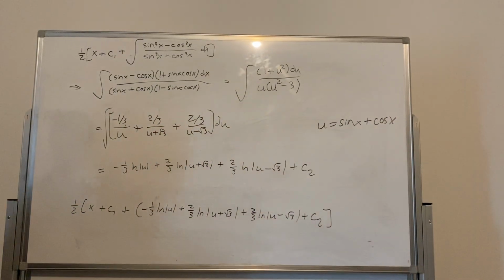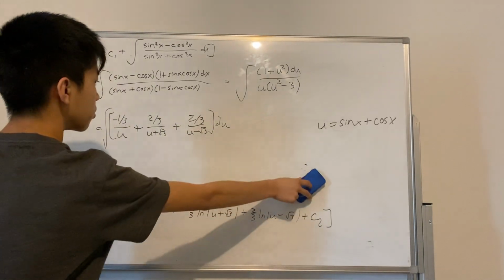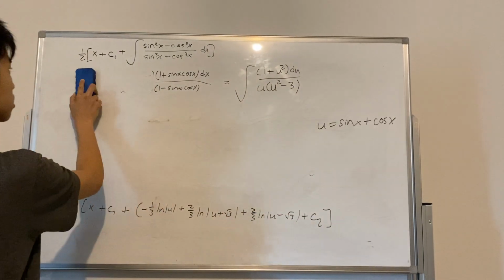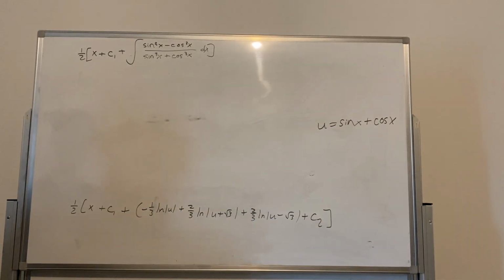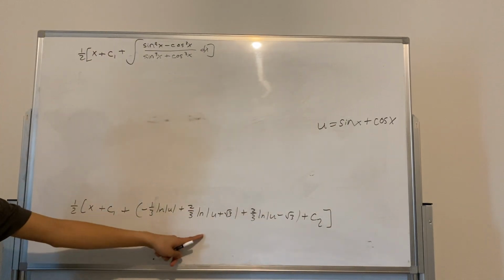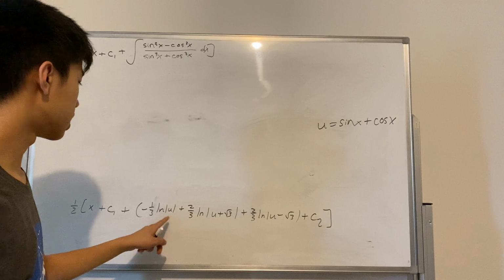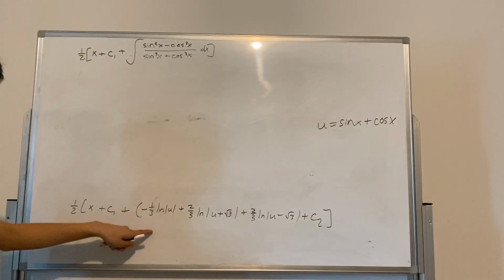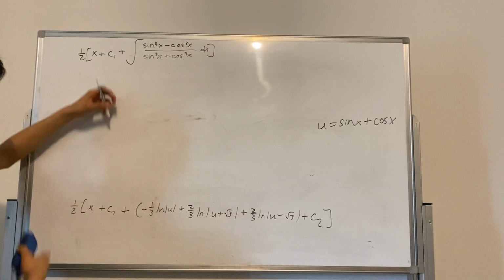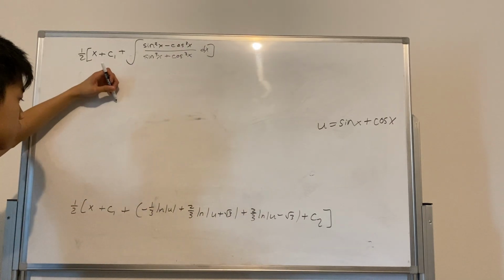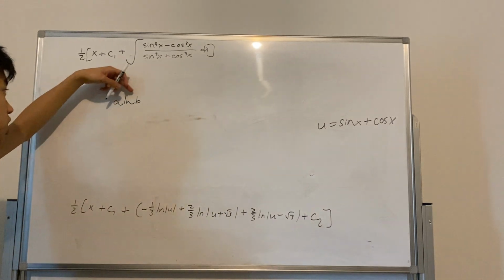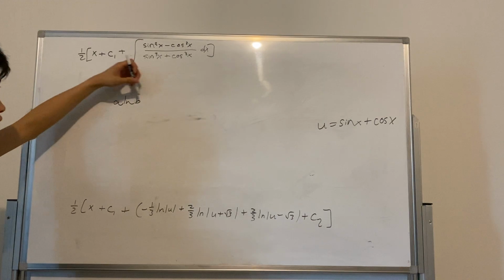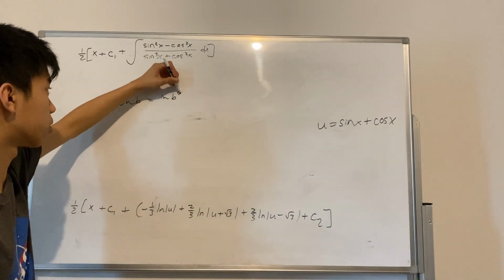Okay, so now I can get rid of this. We can plug everything in, but before we do that, we can make a few simplifications here. As you may remember from your log rules, if you have a on the outside of ln b, then you can raise b to the a power, and they would be equivalent.